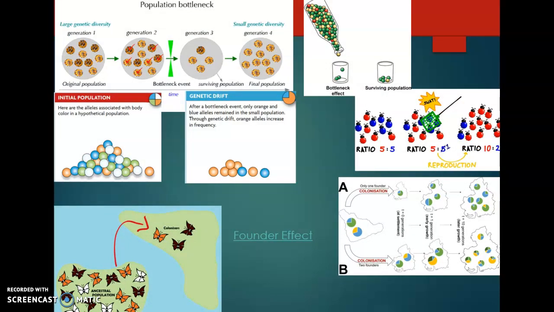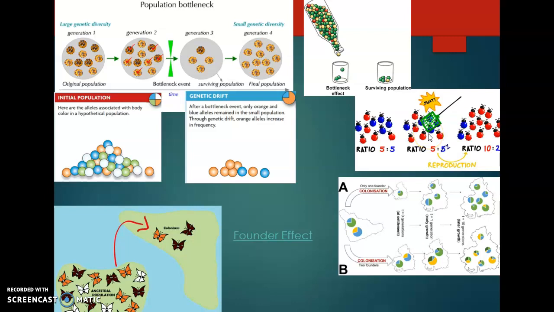Okay, now to a bottleneck event. It's some type of catastrophic event. It could be one of those 1,000-year floods, or just a flood, a hurricane, a tornado, a volcanic eruption, or in this case, you've got a bunch of bugs here and somebody just takes out a fly swatter and annihilates a bunch of them.